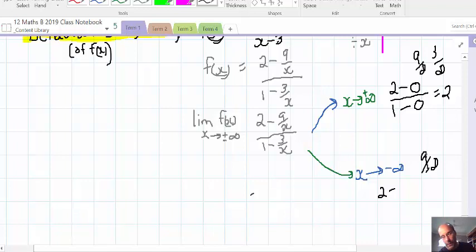Or if it helps, 9 compared to negative infinity is 0. 9 compared to negative infinity, think about that, you may even need to pause the video. 9 compared to something enormous, whether it's positive or negative, is 0. So the limit of that is 0. Don't be tricked by the negativity of it.